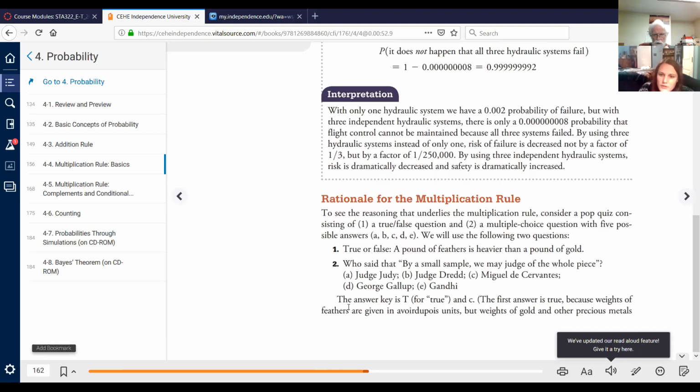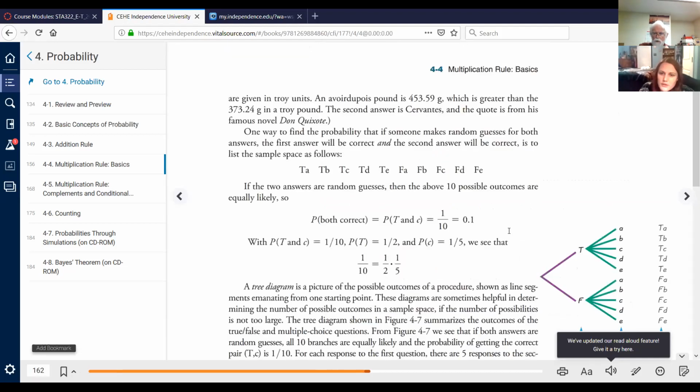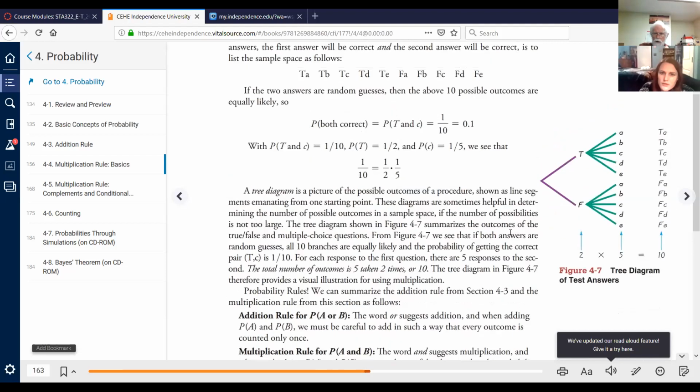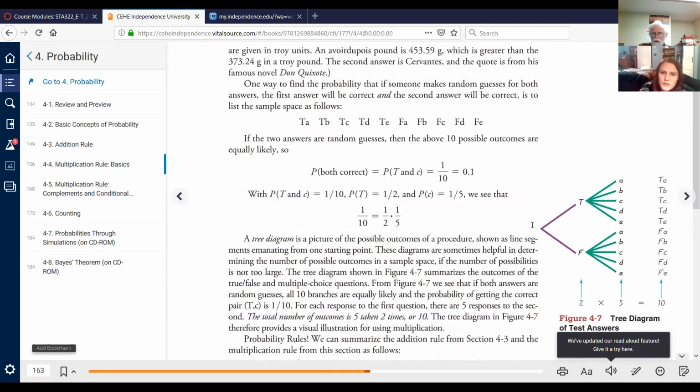So here's the tree of the possible scores that the test taker could have. They could miss the first one. They could be right on the first one, and then they have a 1 in 5 chance of being right on the second one, just randomly guessing. Now, if they know the answer, then random guessing doesn't count.